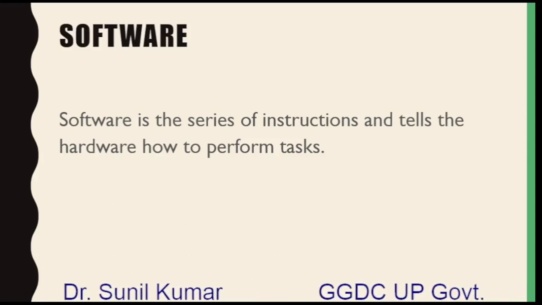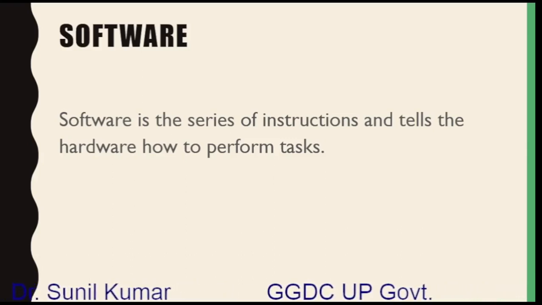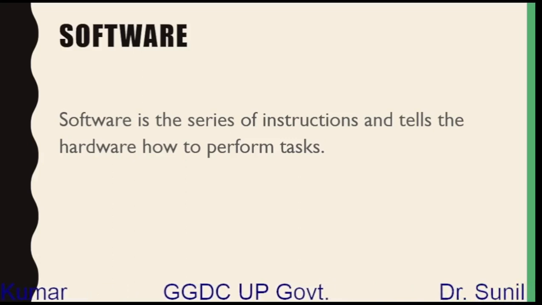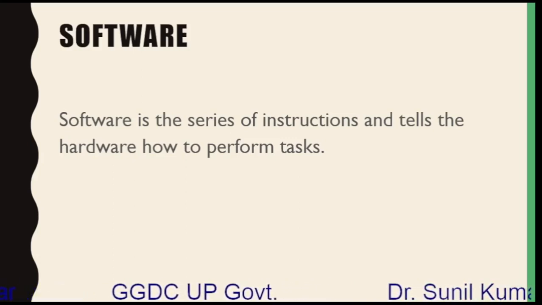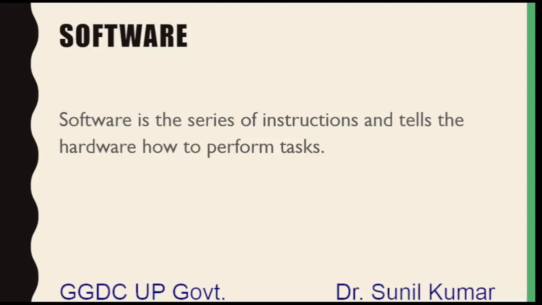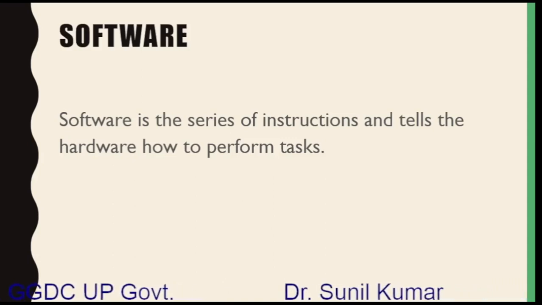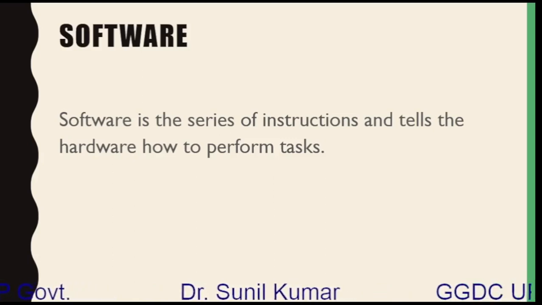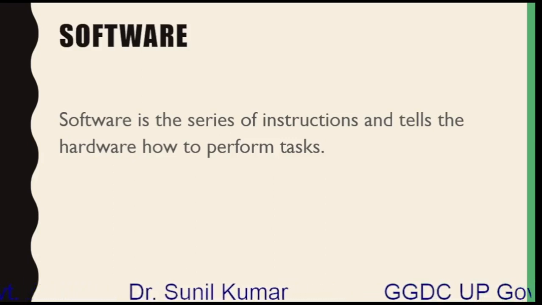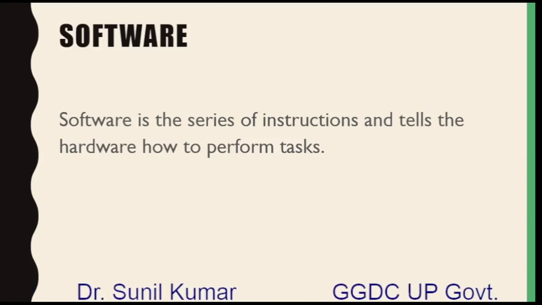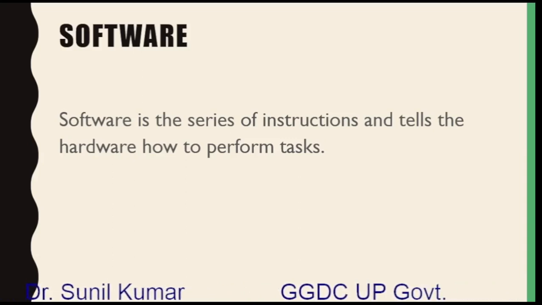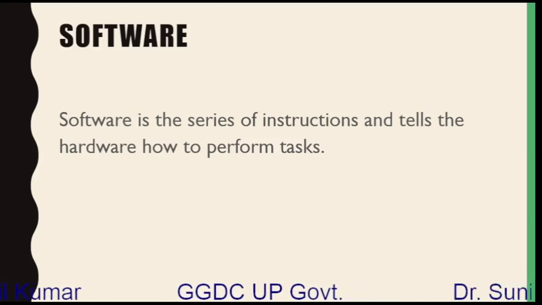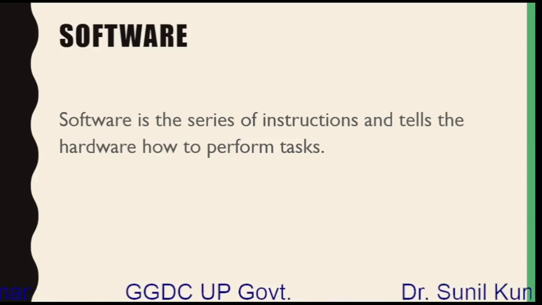Software can be divided into two main categories: system software and application software. System software includes the operating system and other utility programs that manage and control the computer's hardware resources. Application software includes all the programs and applications that are used to perform specific tasks such as word processors, spreadsheets, graphics programs, and games.